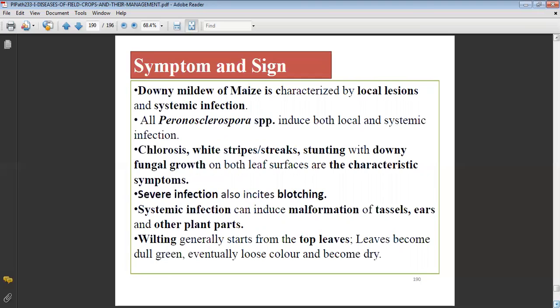On both the leaf surfaces are the characteristic symptoms. Severe infection induces blotching, and systemic infection can induce malformation of tassels, ears, and other parts. Wilting will start from the top leaves, and leaves will become dull green, lose color, and become dry.